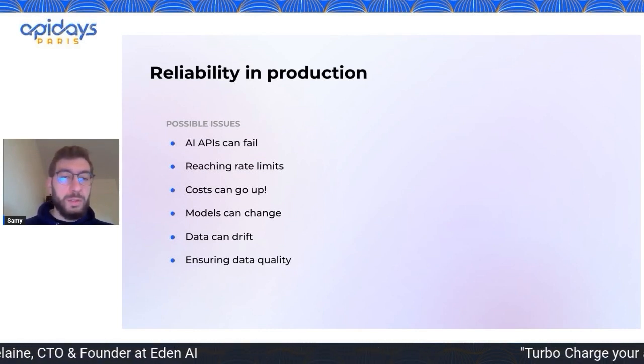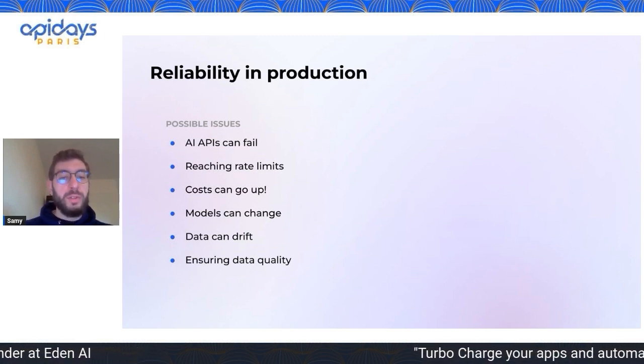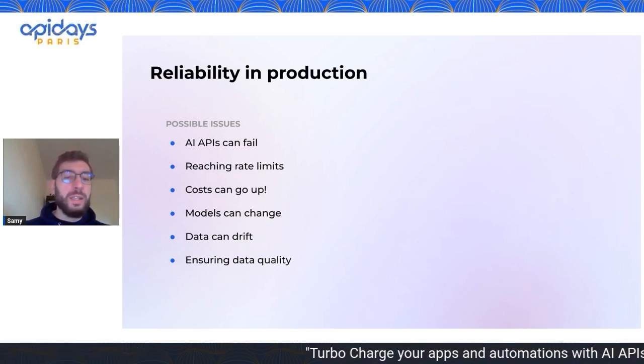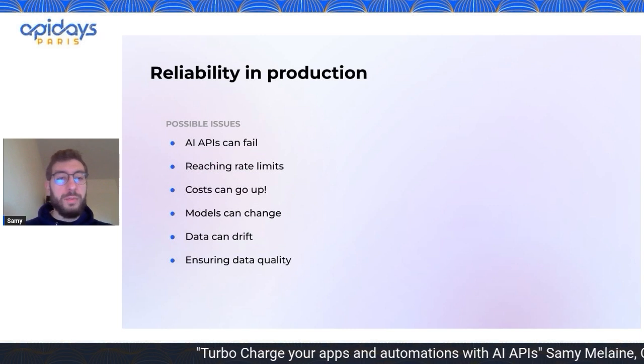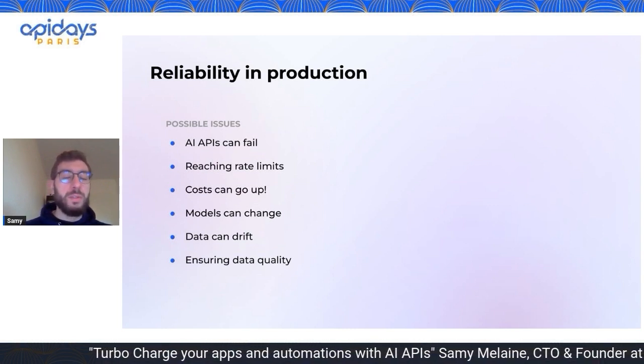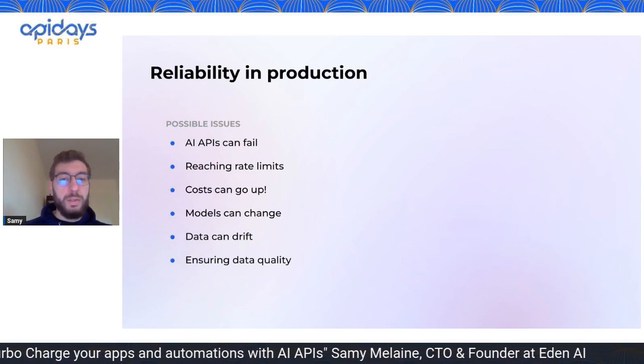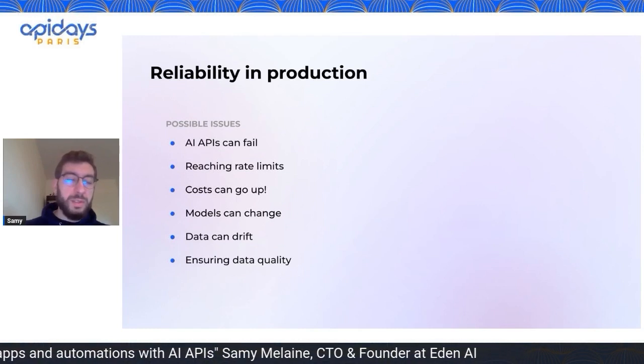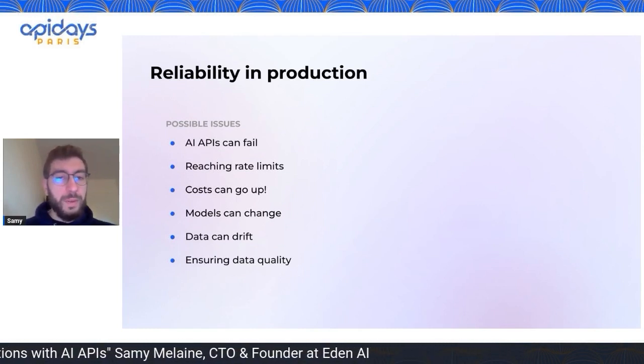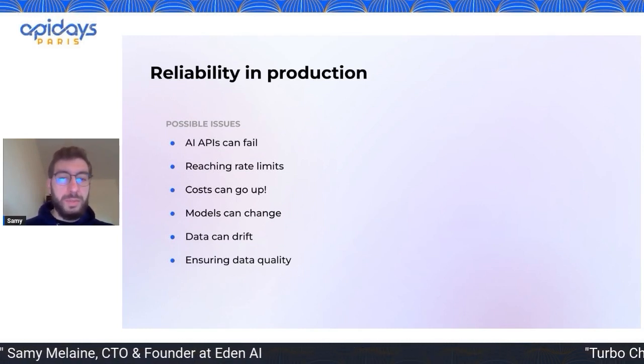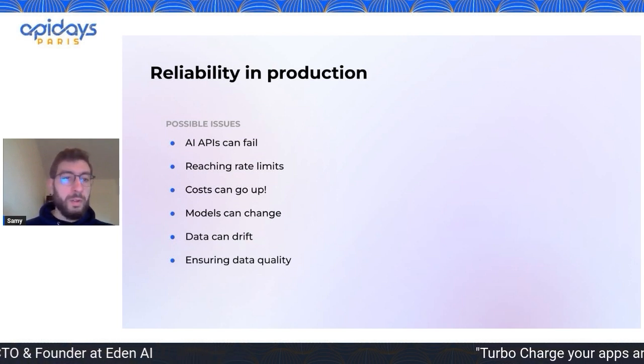So you want to know if that happens. Also, the data quality can change. You might have some scanned document that you're processing, and at some point, some users are just taking a photo of the document, so it's not the same quality. That's also something that might introduce some errors in your AI's processing.